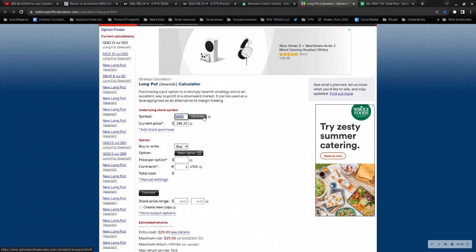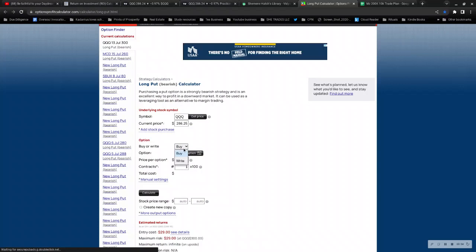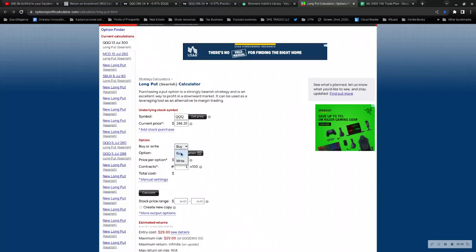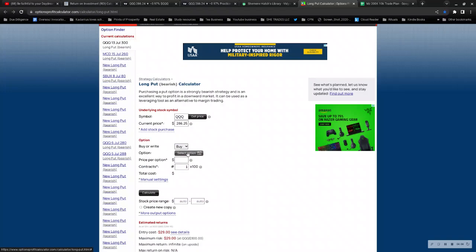I click get price. So it will put the current stock price here, at the moment or at the close of day. Then you would go here to buy or write. We're going to buy. If you're going to write, then you would click write. Then I clicked on option, select option.